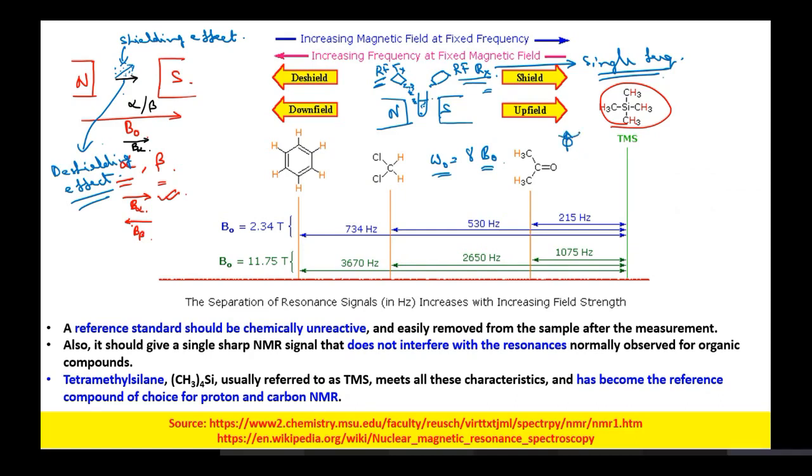When they are moving, the frequency of the movement of the proton at a particular magnetic field B0 is given by the Larmor frequency. So for a particular magnetic field, the protons will be precessing at a particular frequency.